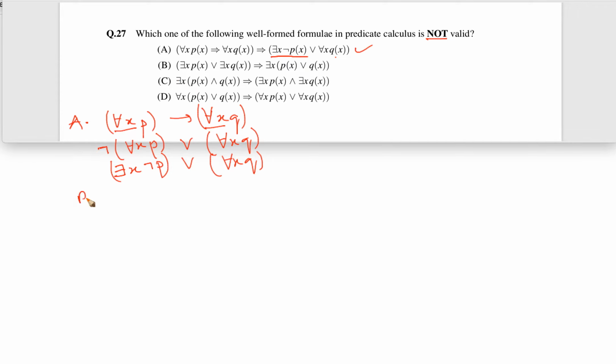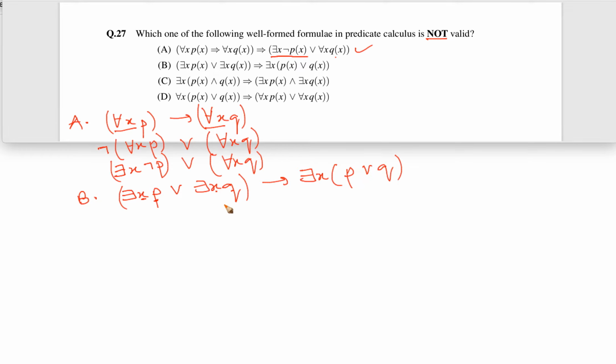Okay, so what about B? B is there exists x p implies there exists x q. Obviously there exists some x for which px is true, or there exists some x for which qx is true. Then I can definitely say that there exists some x for which p or q is true.